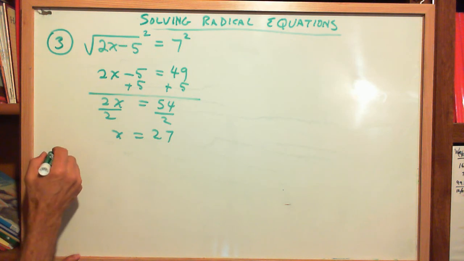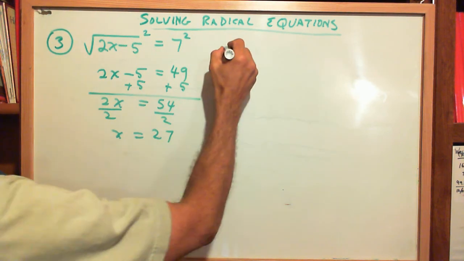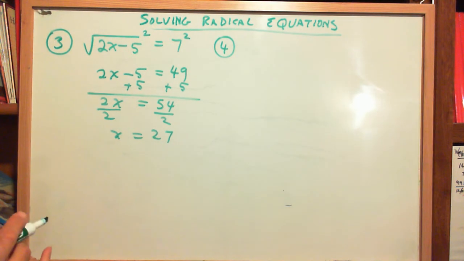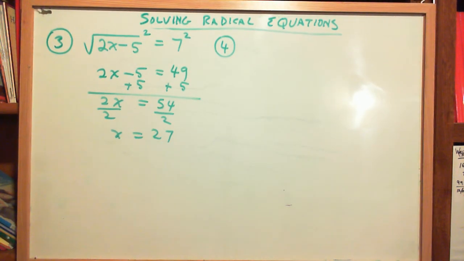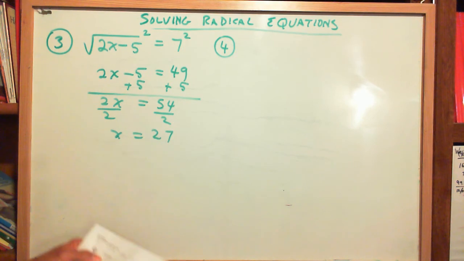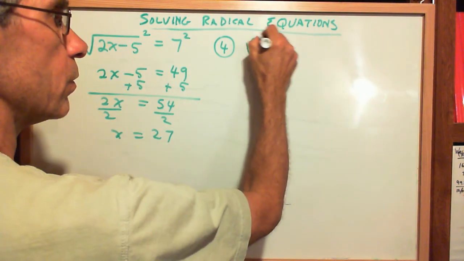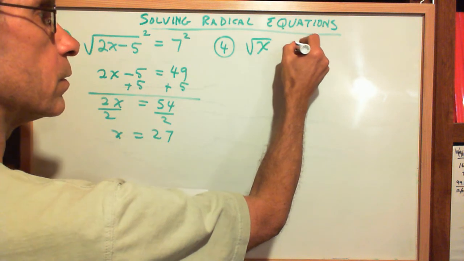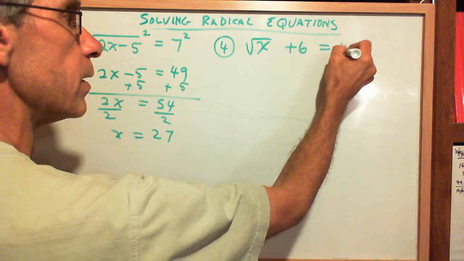So there we go. That wasn't so hard. Now what if we did, here, I'm going to come over here. I hope I don't have too much of a sheen on this side of the board. We'll try it. What if I gave you something like this? The square root of x plus 6 equals 11.